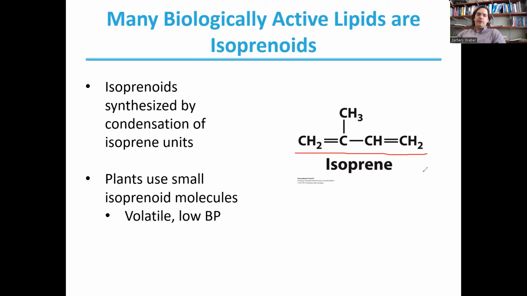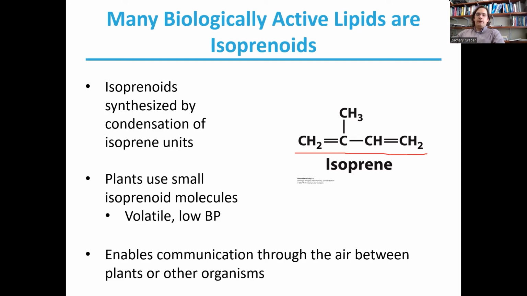Our larger isoprenoids, of course, will not have low boiling points because our boiling point will increase as we increase our molecular weight. These small isoprenoid molecules can then be used to communicate between plants through the air. So they'll be able to evaporate from one plant and then travel through the air to reach the other plant, or of course, other organisms as well.